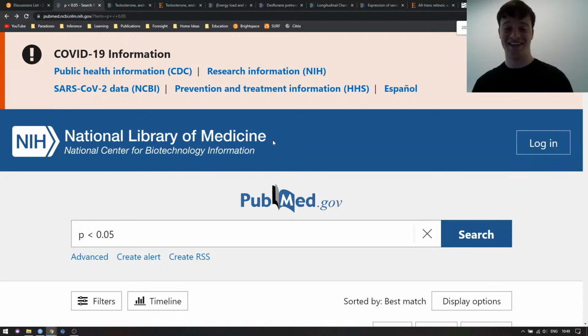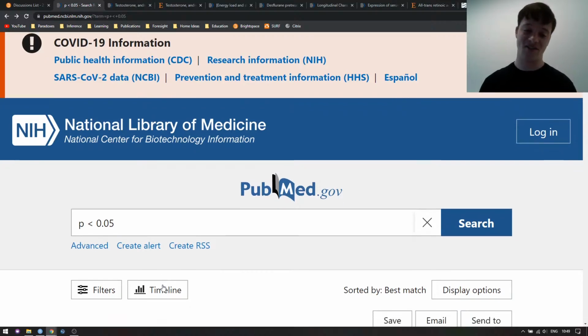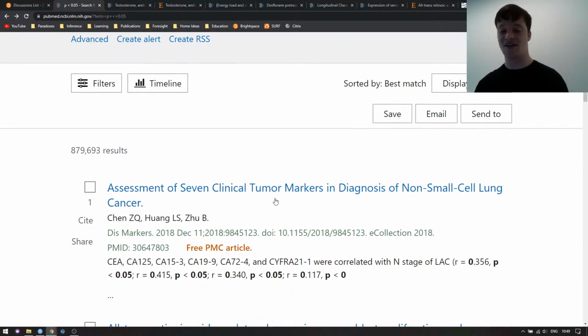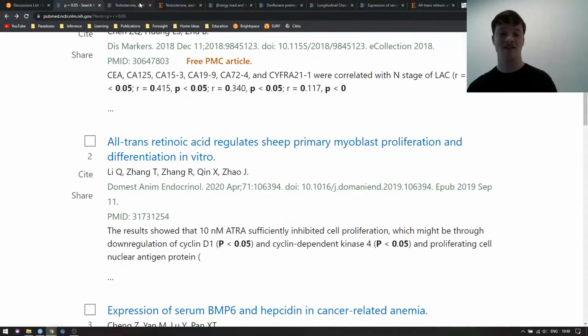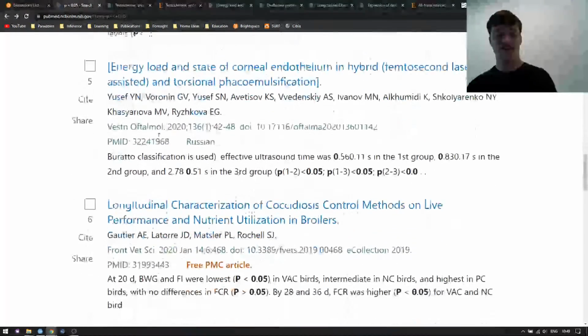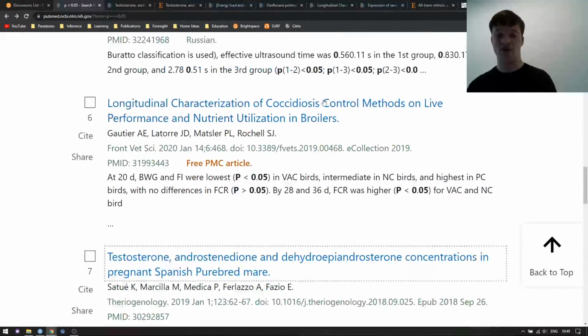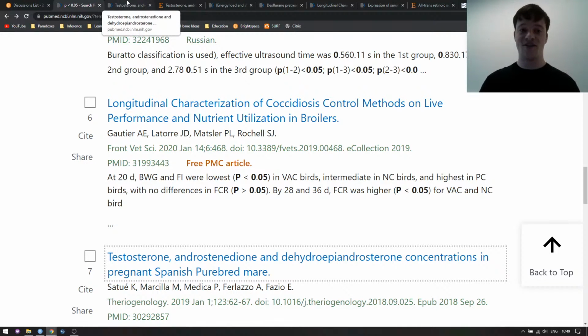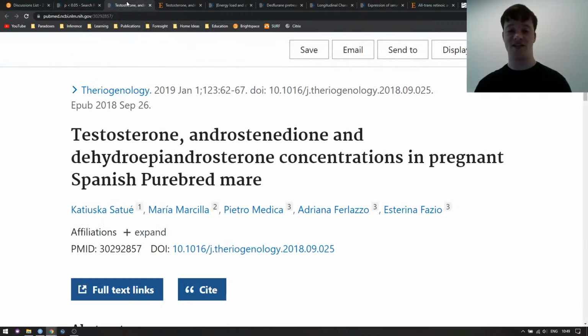It turns out it's really easy to do if you just search for p less than 0.05, because of course this returns a lot of articles that rely on this statement a lot. And articles that do that usually are the ones not correcting for multiple testing. So I went over these. Of the first 7 of them, only 1 uses multiple testing correction, and applies it wrong. The other ones don't apply any form of multiple testing correction.